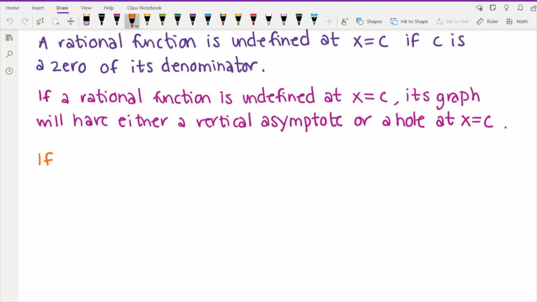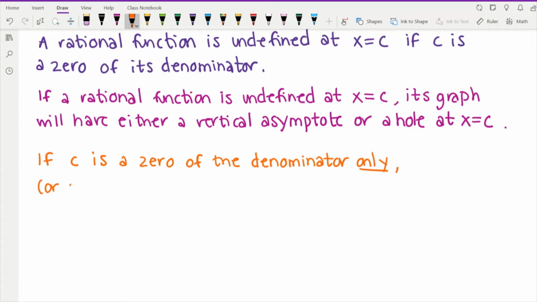So if c is a 0 of the denominator only, and another way of saying that is that x minus c is a factor of the denominator only, right?